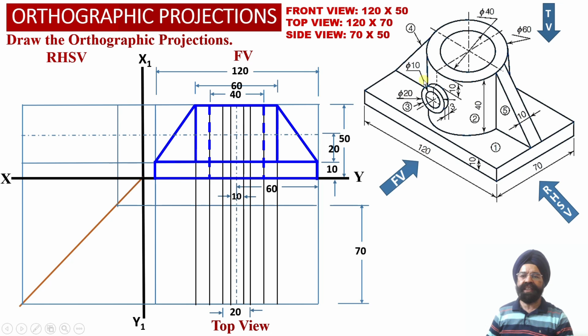Since these two triangular surfaces corresponding to element number 3 happen to be parallel to the vertical plane, the true shape projections corresponding to these two triangular webs will be obtained into the front view orthographic projections over here. Next we have this short cylinder, right?